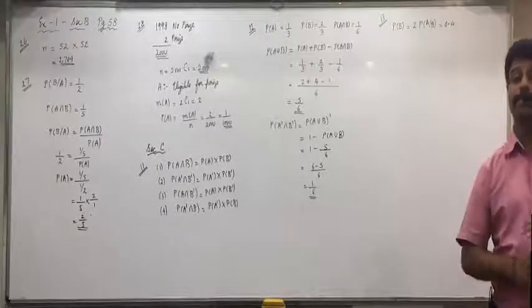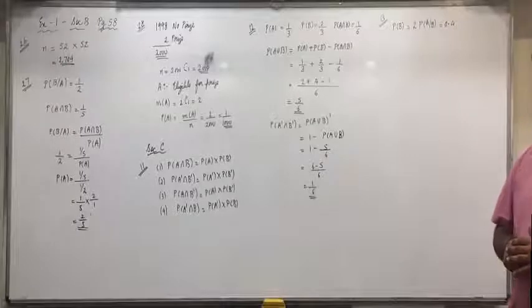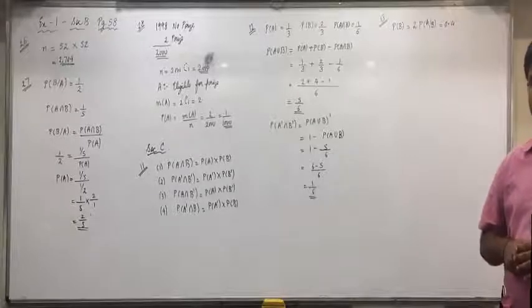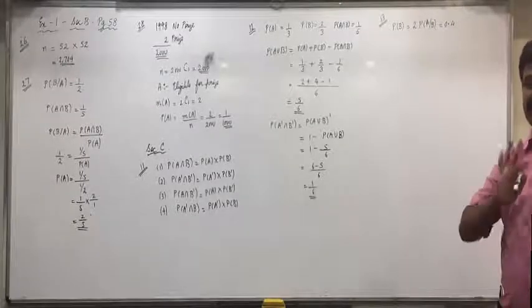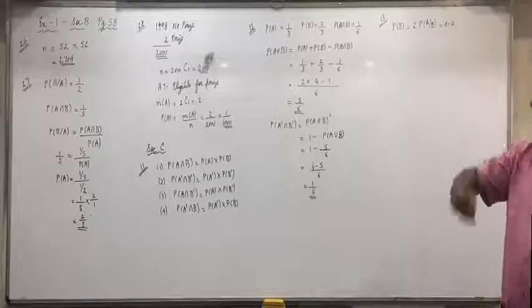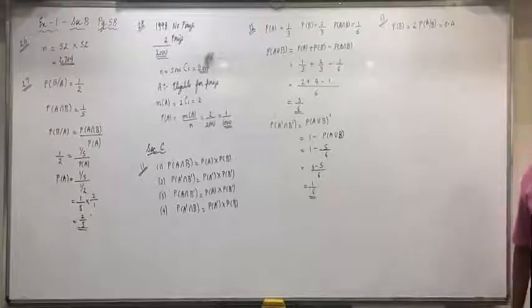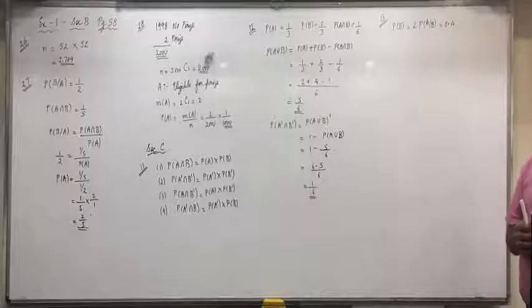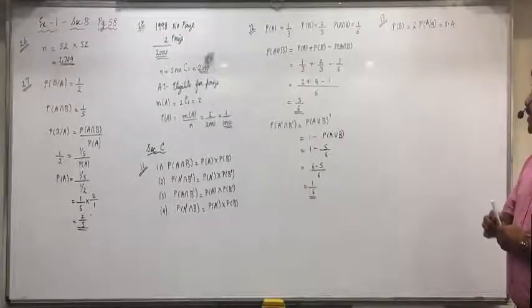Valerie? P(A|B) equals P(A ∩ B) upon P(B). Yes, you have to apply the formula of A given B and we'll get P(A ∩ B). But what is P(A|B) and what is P(B)? 0.4 and 2, 0.2. Be attentive.